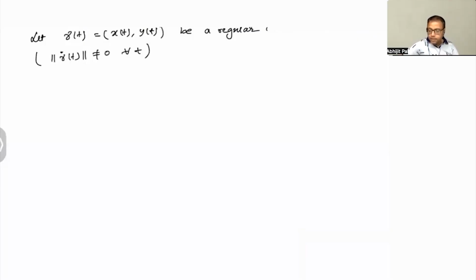In order to find the sign curvature, what we should do is take the unit speed reparameterization of gamma, the arc length reparameterization of this gamma.